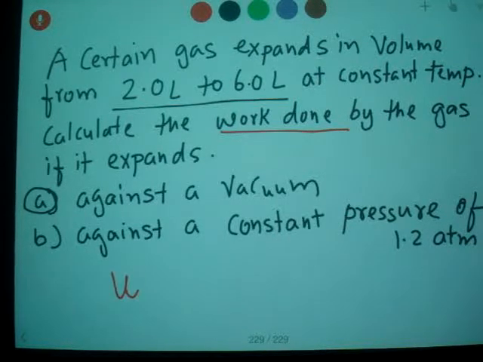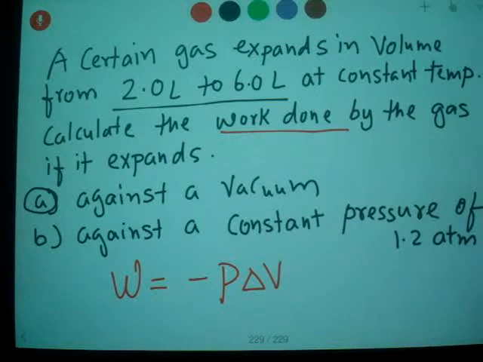We know that W equals negative P delta V. So I'm going to sketch this problem, and then we'll see how we can solve it against a vacuum and against a constant pressure of 1.2 atmosphere. So let's go to the next page.